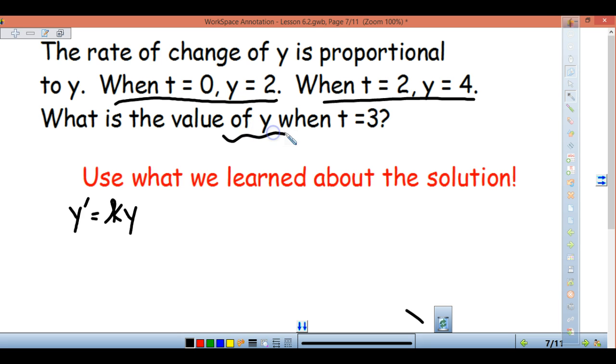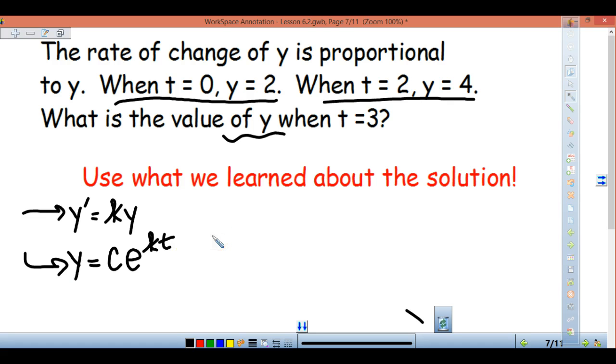Well, if they want to know about the value of y, that means we need to solve this differential equation. We just talked about how when the rate of change of a variable is proportional to that variable, we're going to be working with this formula, y equals c times e to the kt. You're always welcome to solve this differential equation if you forget this fact, but you're also welcome to jump to this shortcut as well. Either way is fine.